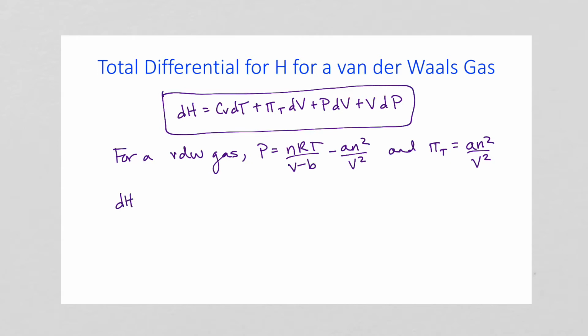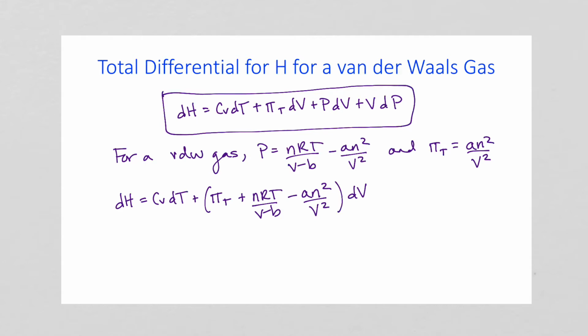We're just going to plug those in to our equation up top, and we end up with dH equals CV dT plus, I'm just going to put these in parentheses, pi T plus nRT over V minus b minus an squared over V squared, dV. All I've done there is to pull out the pi T and the P that are both multiplied by the dV.